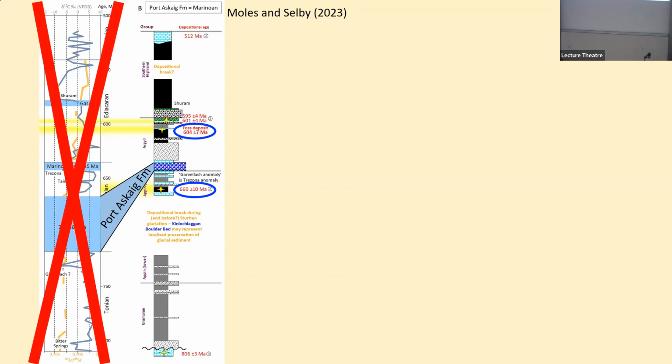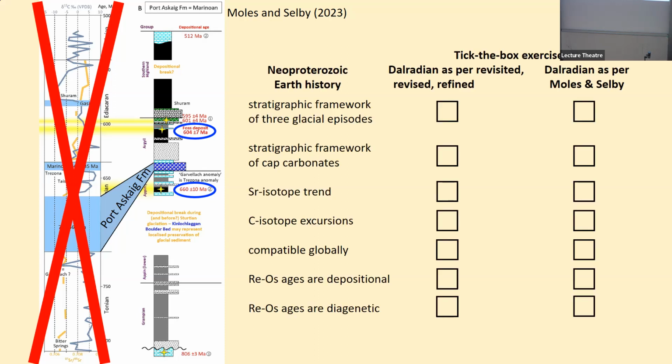So I thought I'd do a little tick box exercise. Geology is always about trying to balance the amount of observational data, empirical data, experimental data. So if we just look at how we understand linking stratigraphic frameworks locally, regionally, and globally, we have a stratigraphic framework of 3 global episodes.